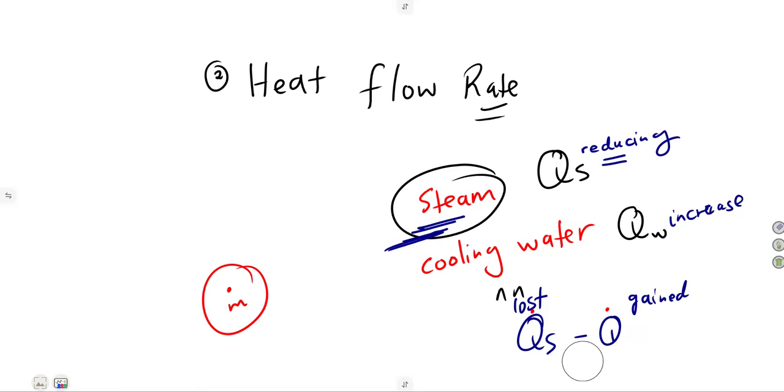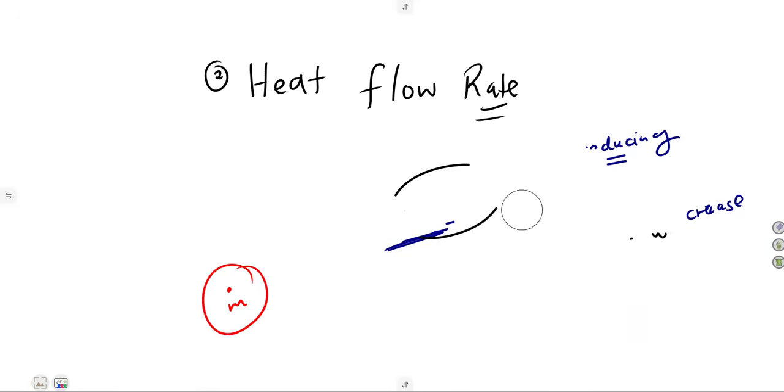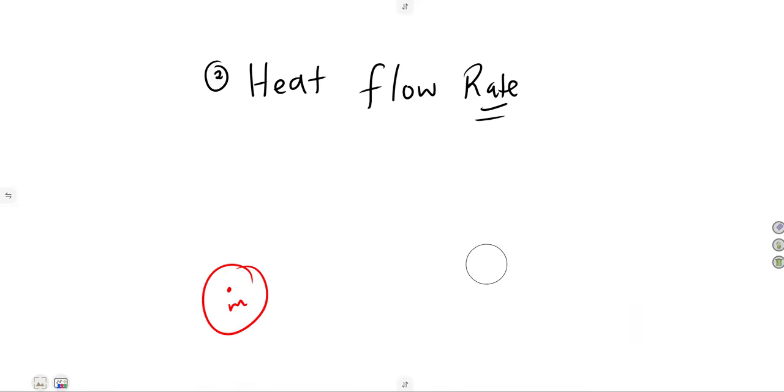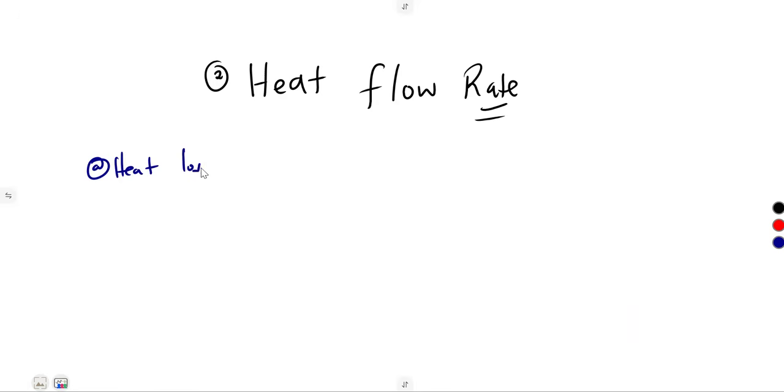So you're going to talk about that later on, the equality of these two. But let's just consider how now to calculate the heat that is lost, or emitted, by steam. So we have the heat lost or emitted by the steam.